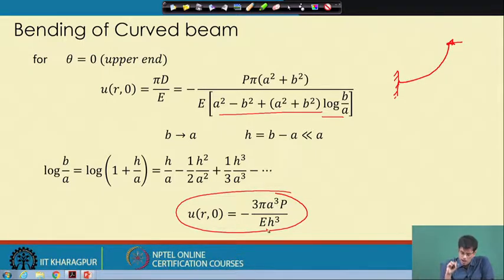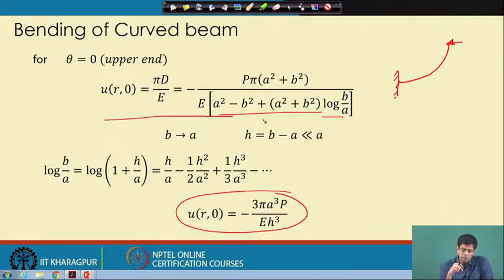H is the depth, and b is actually 1 for us because we have taken the unit thickness. This is the general formula from the elasticity solution, where we have used the two-dimensional expression.